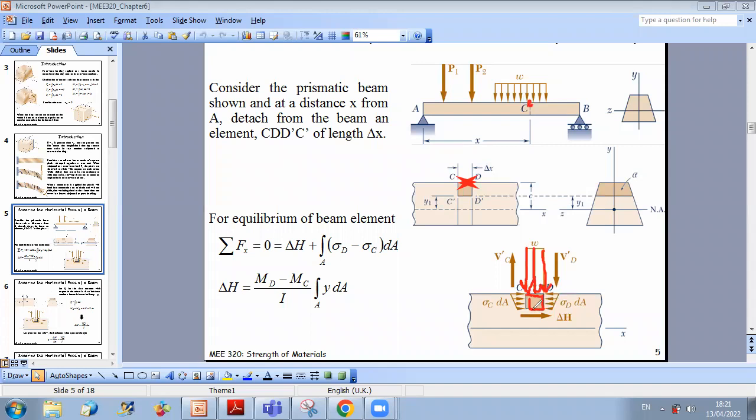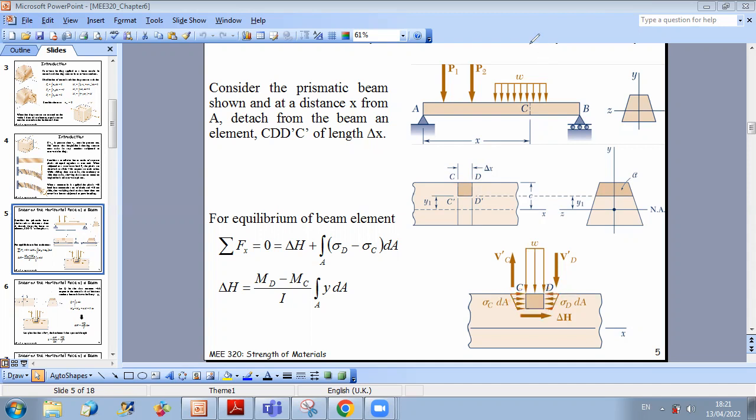And because we did a cut here and here, the internal forces at this level will become external forces. So when you do a cut on this face, you will observe the normal stress distribution along this face. And when you do a cut at D level, you will observe the normal stress distribution on this face. And for this longitudinal face, we will try to find the shear stresses developed.